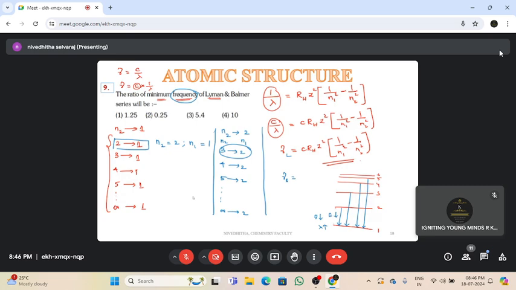One is option A, and another one is option C. Ajay, what is your answer? Jay Shakti's answer is option 3. Ajay's answer is option 2. Okay, fine. So I got three different answers. Okay, shall we do it together then?